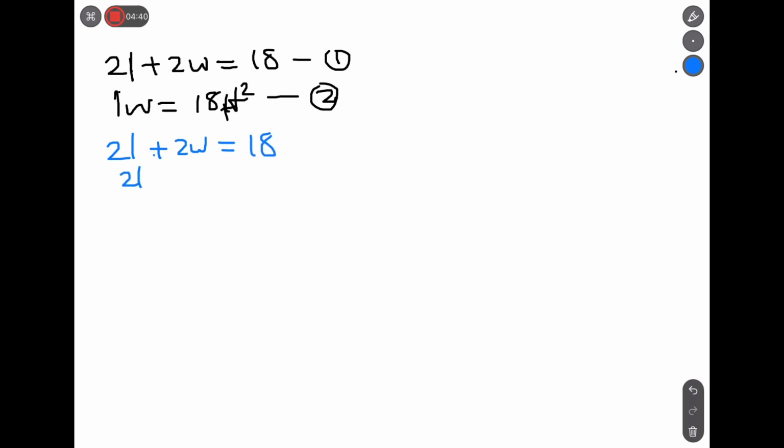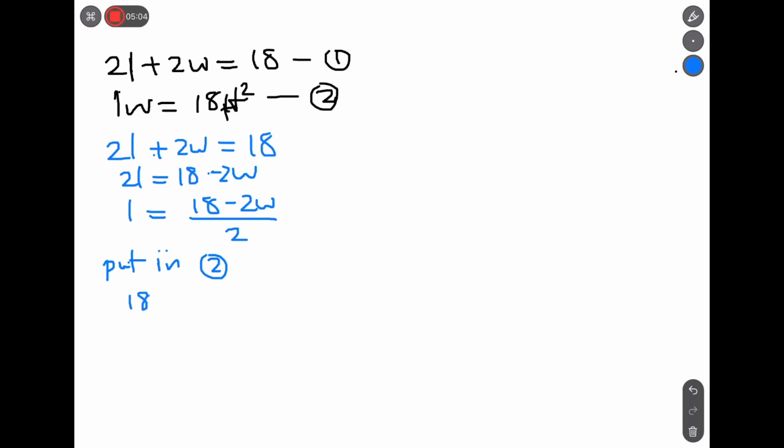Break it down further: 2L is equal to 18 minus 2W. And then L must equal (18 minus 2W) divided by 2. So if we take what we found for L and put it in equation 2, we get (18 minus 2W) divided by 2, all multiplied by W, which is equal to 18.